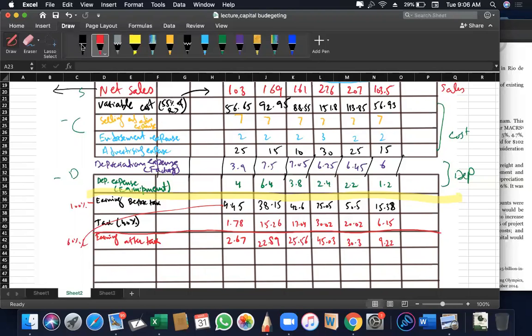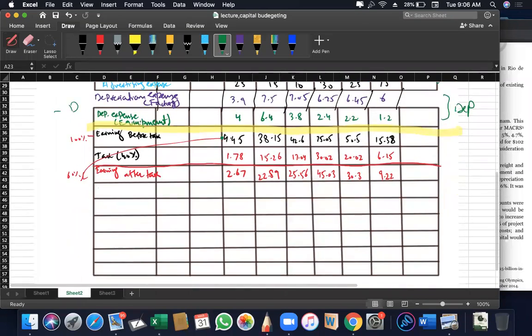Now what we have to do, the last part, we have to add back the depreciation expenses.